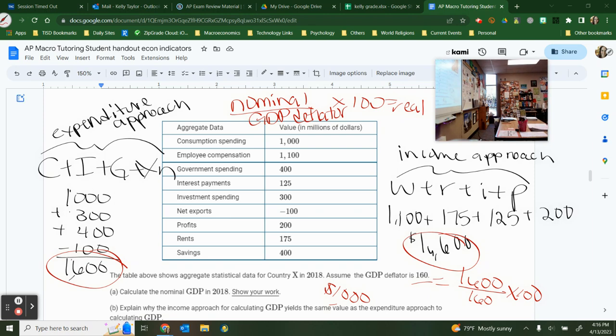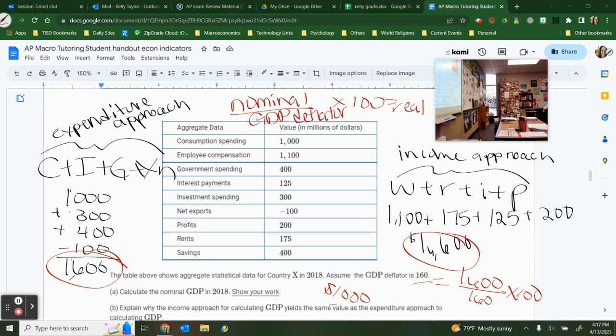Did you divide the amount or add? Real is just nominal divided by the price level, times 100.